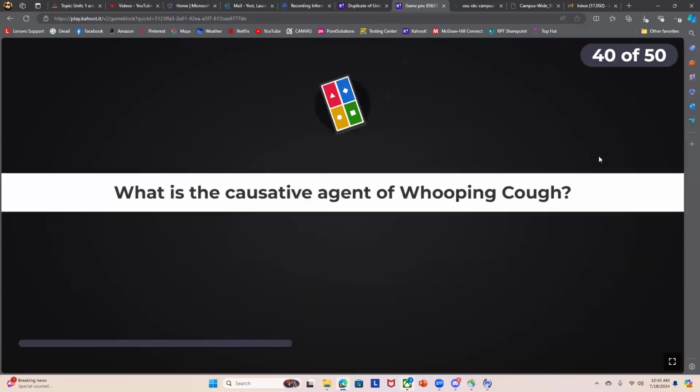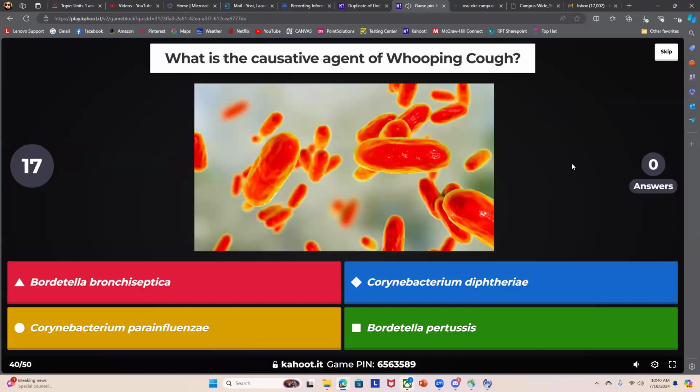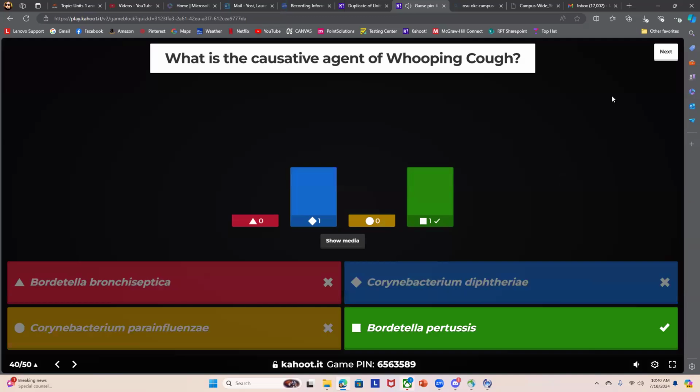Right, what is the causative agent of whooping cough? All right, so this is just a matter of memorizing these guys. It's going to be Bordetella pertussis.